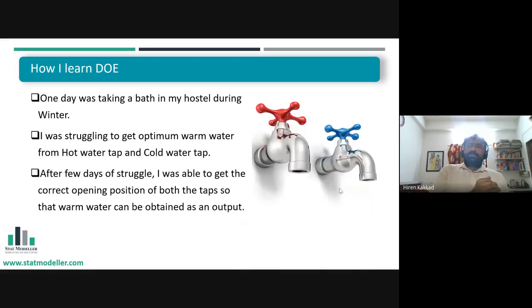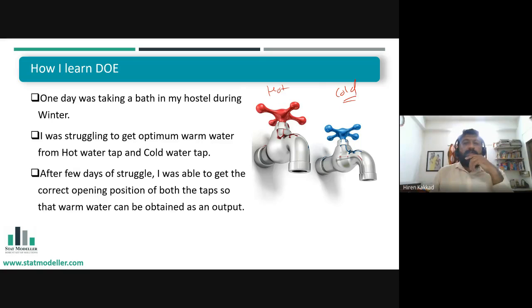And then one day in the winter season, I was taking a bath in my hostel. I used to stay at Vidyanagar in my hostel. I was struggling to get optimum warm water, because in my hostel we have two taps, one for hot water and one for cold water.